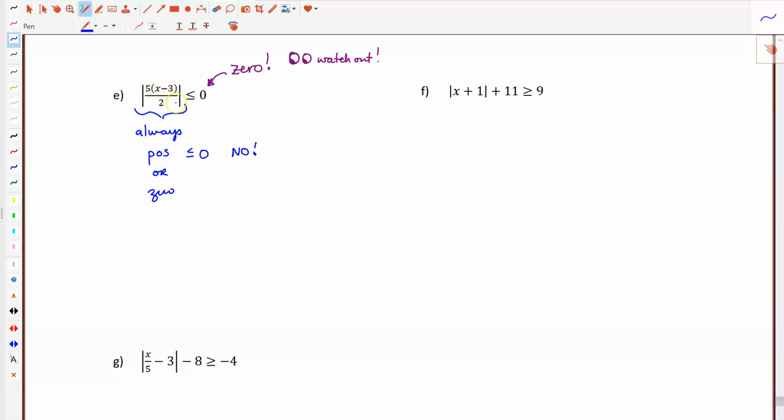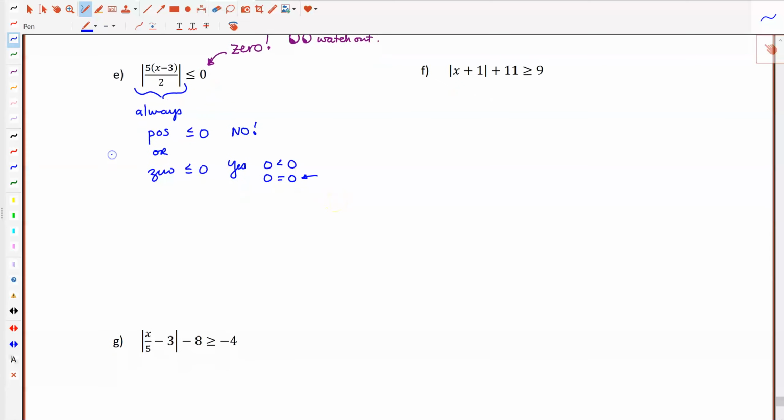What if I can force this left-hand side to give me a 0? Is 0 less than or equal to 0? Well, yes. Not less than, right? 0 is not less than 0, but 0 is equal to 0. This is the one that makes sense.